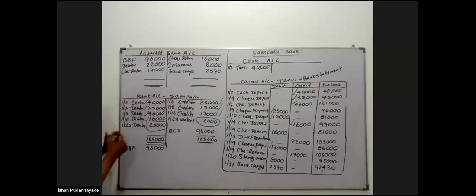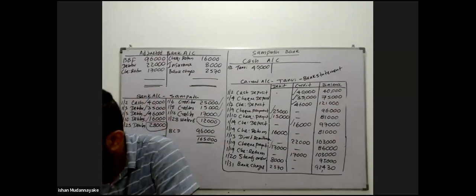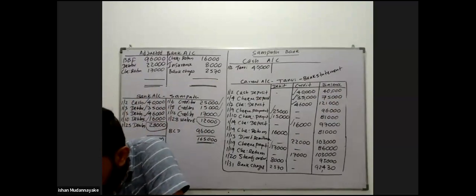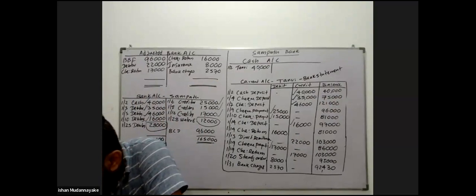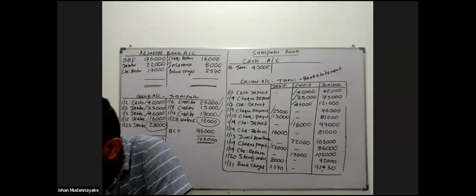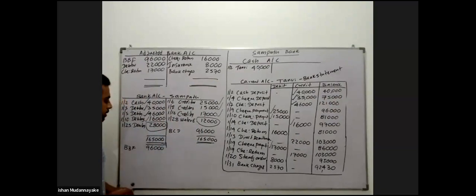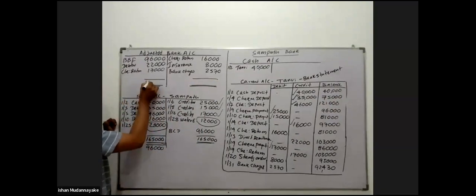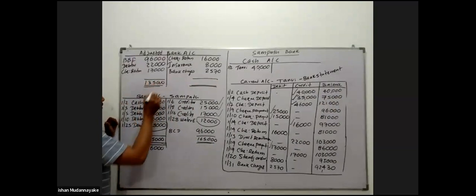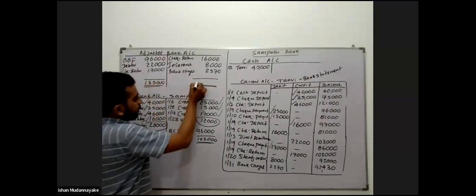How much is the closing balance of the adjusted bank account? Debit side 135,000. Then transfer that amount to the debit side.